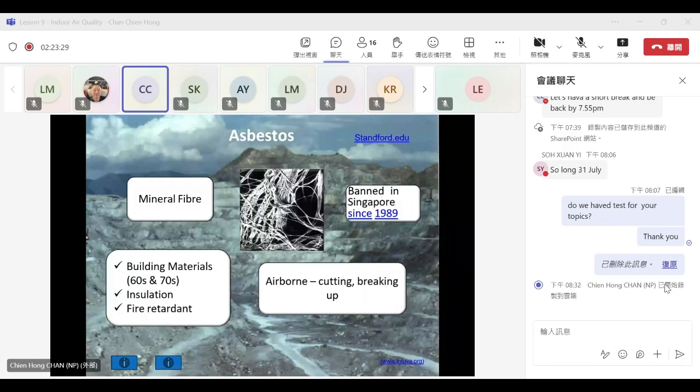So buildings were installed with very good insulation, and unfortunately at that time, asbestos was one of the common choices of insulation materials, and that ultimately helps to release a lot of fibers that become irritants to the human body.